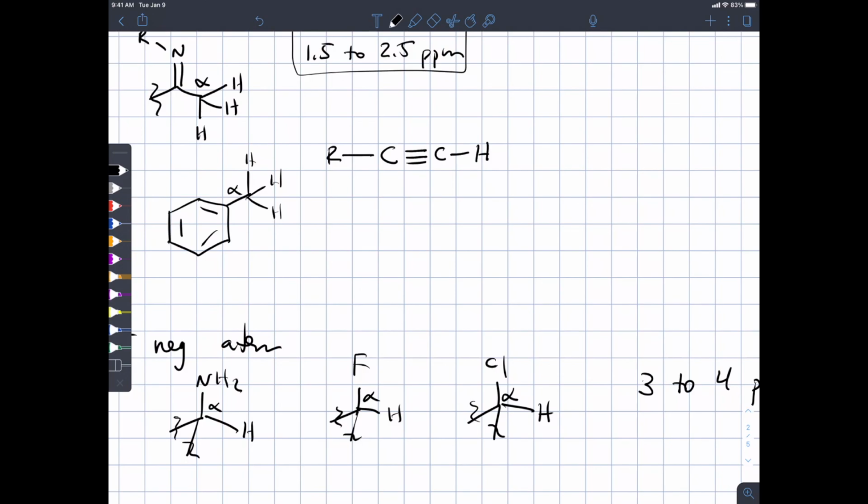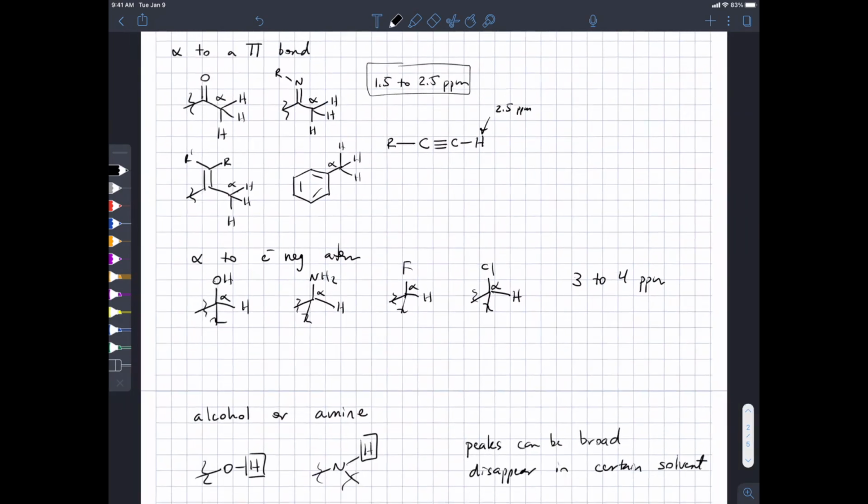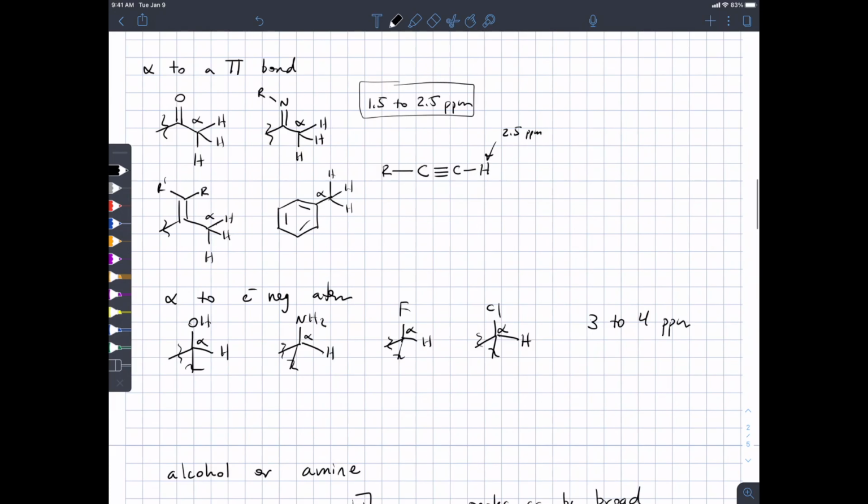I'm not sure what the word is for directly attached to the triple bond, so sorry about that. But that chemical shift tends to be about 2.5 ppm. Your book talks about why that's different from being attached to a vinyl proton. It has to do with ring current, but not necessarily in a way that you need to know or be able to reason through. All right, other questions?